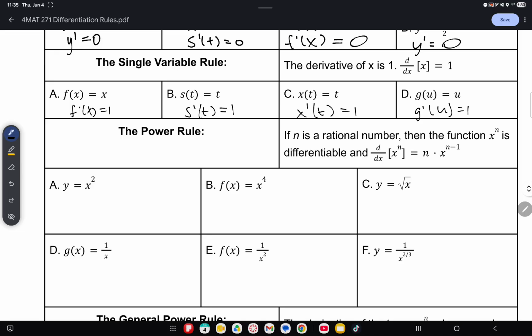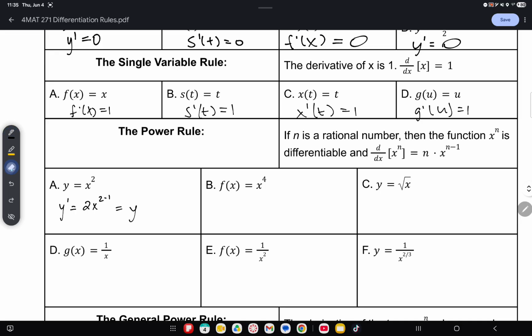All right, now here's the power rule. So say we have a single variable, but it has an exponent that is not 1. We can use the power rule, which is where we take the exponent and multiply it out front, and then we need to subtract 1 from that exponent. Okay? So x squared, we bring the exponent down, and then we subtract 1.